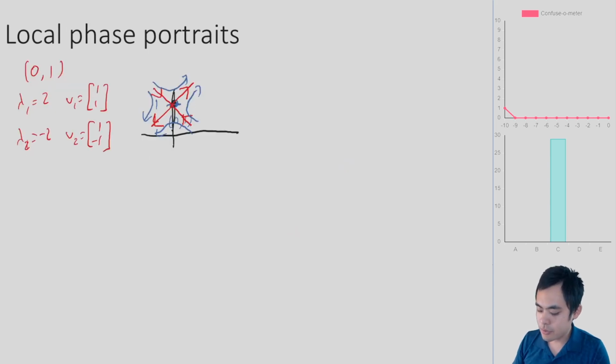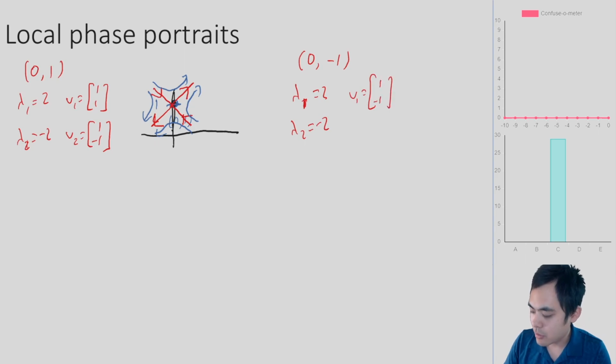And we can draw that out. If we go back onto this other slide, we have (0, -1) as our equilibrium, with lambda 1 equal to 2, lambda 2 equal to minus 2, v1 equal to (1, -1), and v2 equal to (1, 1).